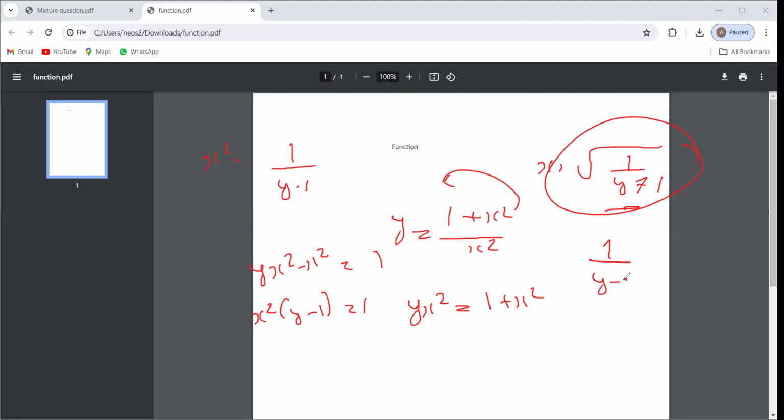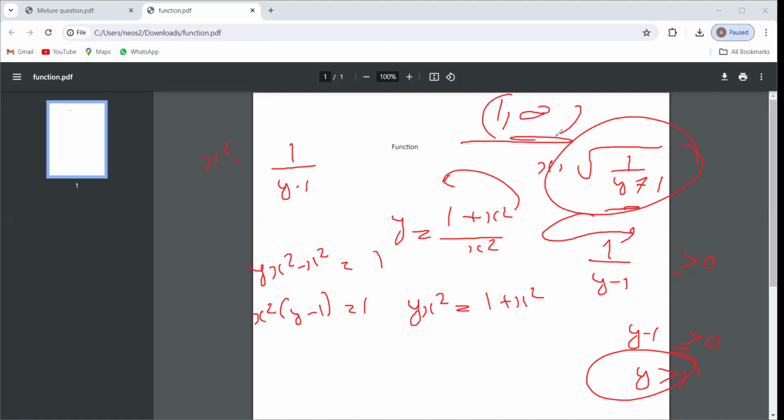That 1 by y minus 1 will be greater or equal to 0. For that, y minus 1 will be greater than 0. So y will be greater than 1. So what will be the range? क्या होगा? 1 to infinity.